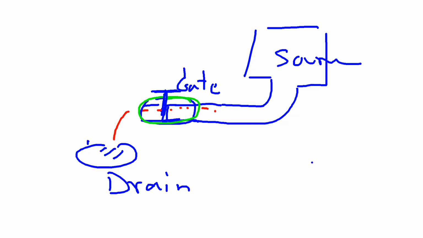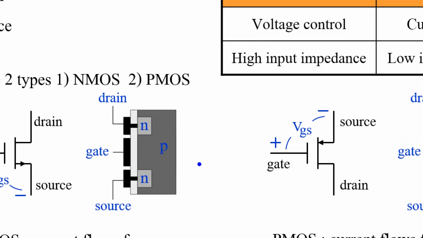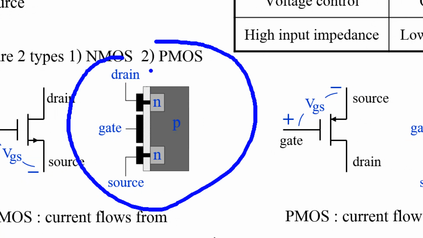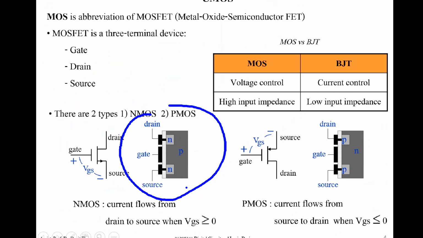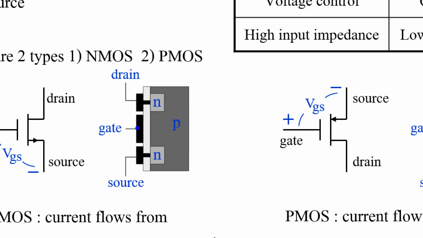For this transistor, the basic structure is this one. There are three terminals: source, gate, and drain. The black one is metal. MOS: M is from metal.